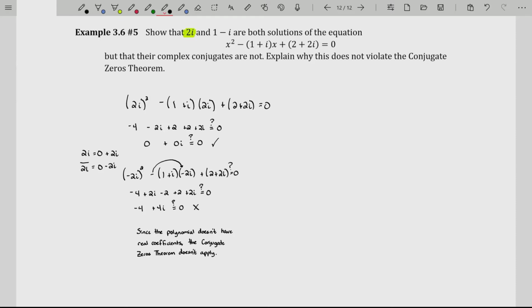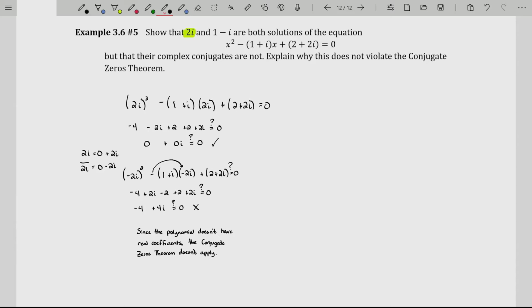All right, so that rounds out our entire conversation about the fundamental theorem of algebra, the complete factorization theorem, the zeros theorem and the conjugate zeros theorem, and then the linear and quadratic factors theorem. Quite a few theorems in this one single section, but it's super important.